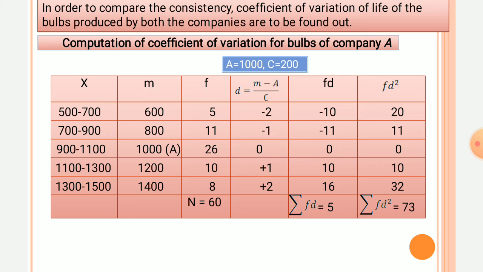So like that. And fd: 5 into minus 2 is minus 10, 11 into minus 1 is minus 11, 26 into 0 is 0.